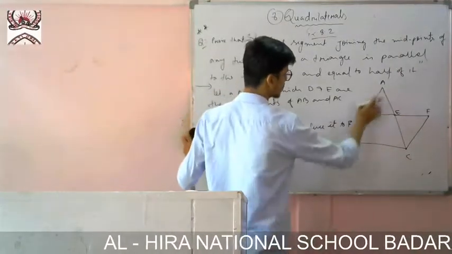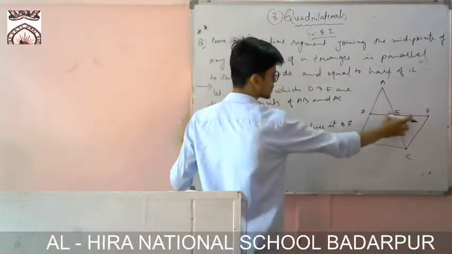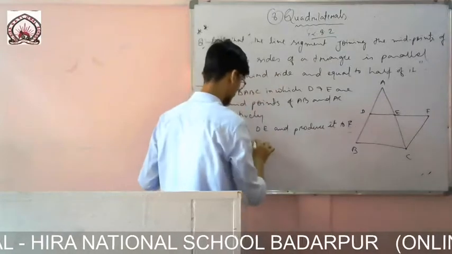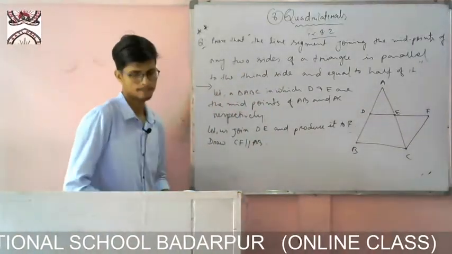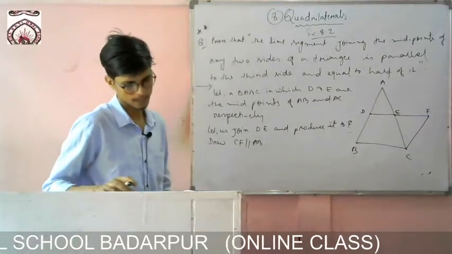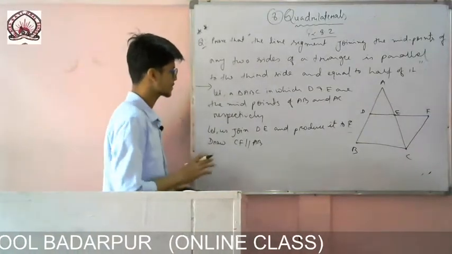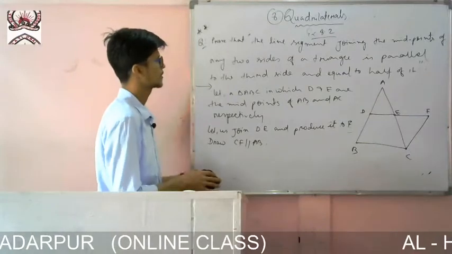Sorry, this is parallel to this line, not that one. The CF will be parallel to AB. So draw CF parallel to AB. So up to this much it is given. Now we will start the proof.